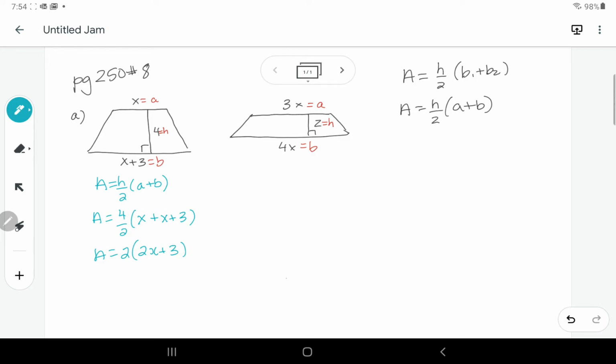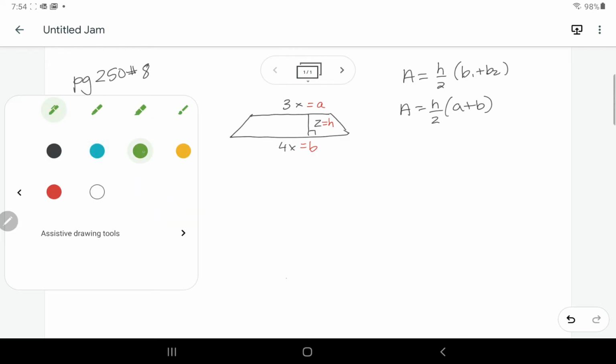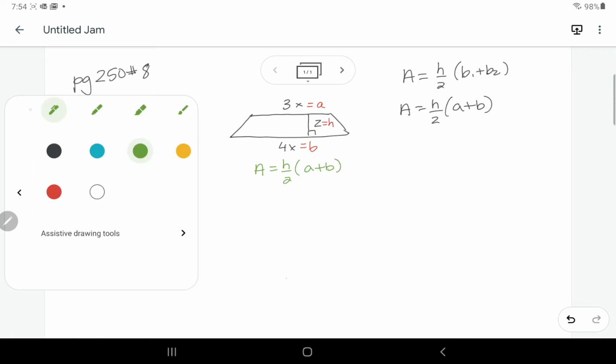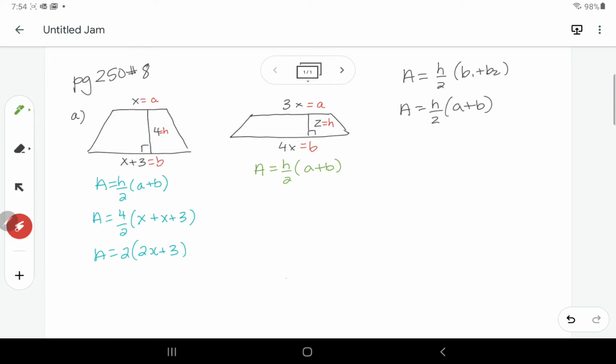And then I'm going to do the same thing, using the formula for area of the second trapezoid. And I'll find h over 2 times a plus b. Now my h here is 2, I don't know if it says centimeters or what, but it's 2.